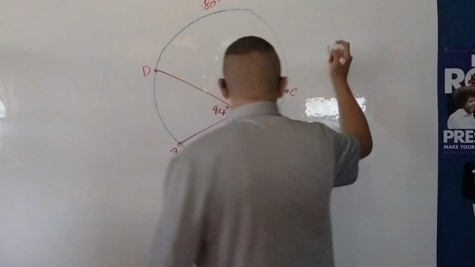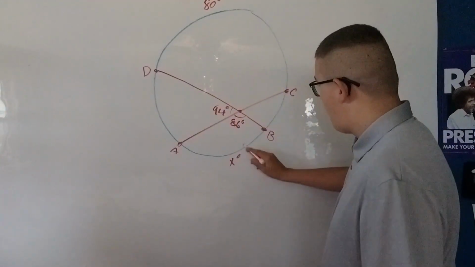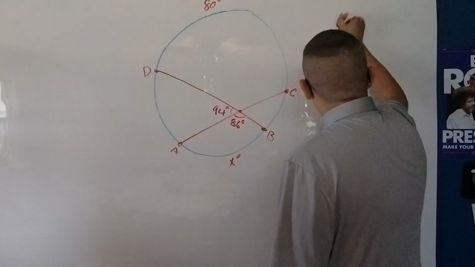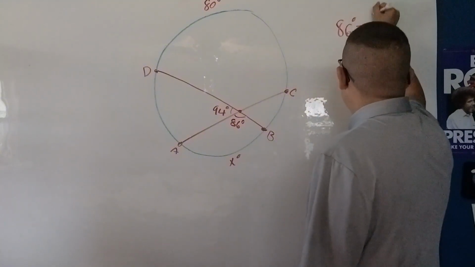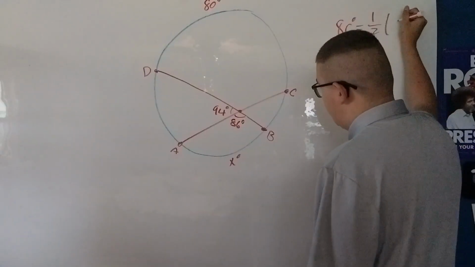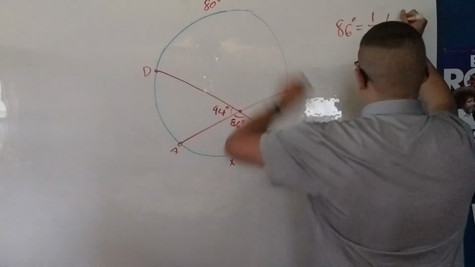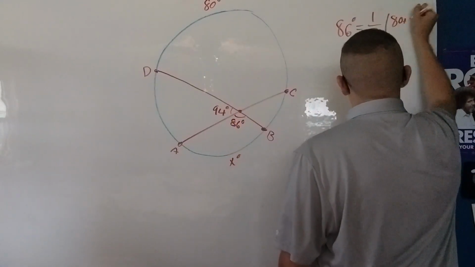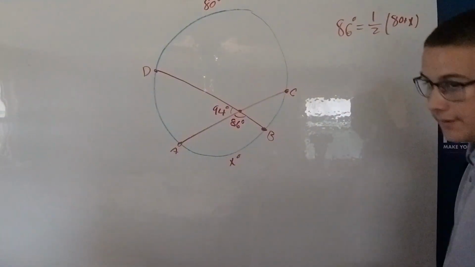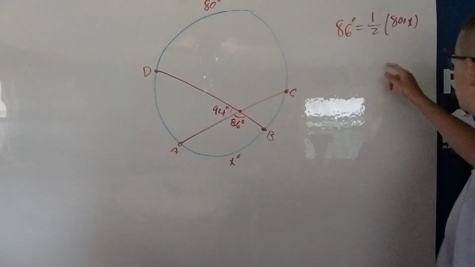Now from here, we can set this up again, where this right here is our angle. So we go 86 degrees equals 1/2 of this 80 plus X, like that. Then we solve this.